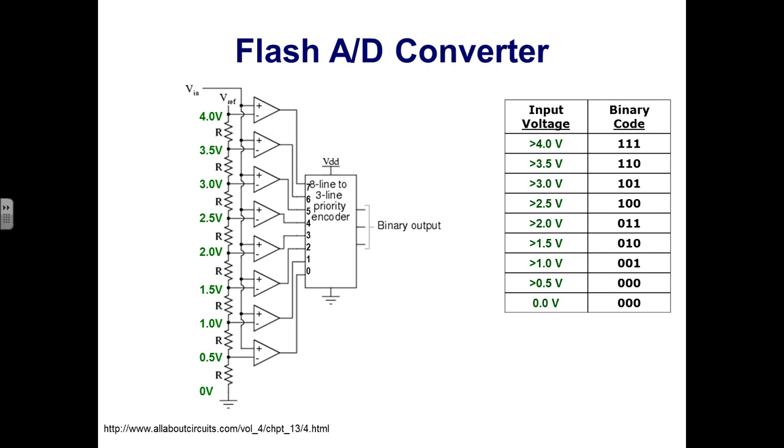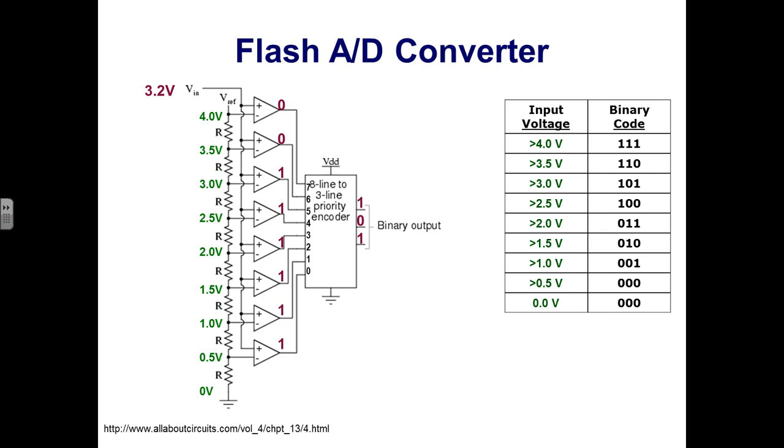The resistor ladder basically applies a different voltage, a successively higher one, to each of those comparator inputs. Then what we're doing is comparing the input to all of those different possible levels and finding which one changes from the input voltage being greater than it.